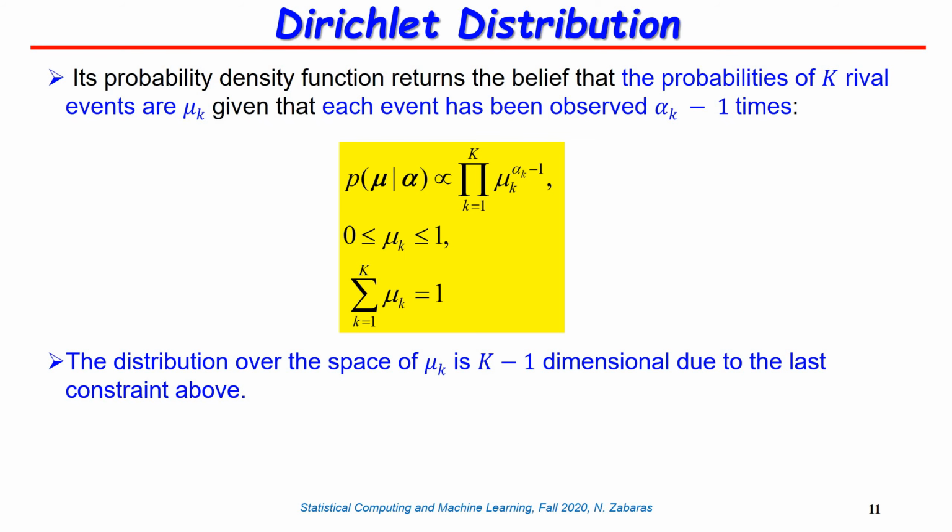Effectively, you can take, for example, mu capital K and write it as 1 minus mu1 minus mu2 minus etc. minus mu subscript capital K minus 1. So it is a distribution in the K minus 1 dimensional space.